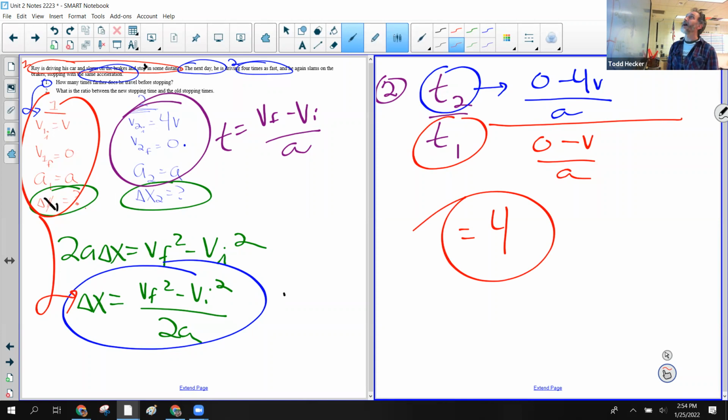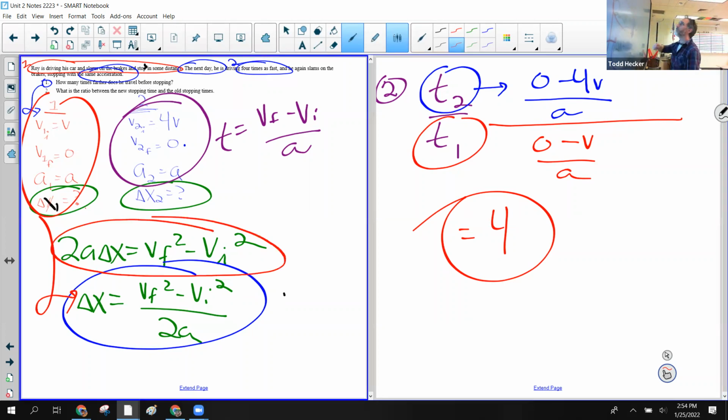Now, as you start to do more of these, and there's a bunch of them on your first couple homework assignments, hopefully you'll start to develop an intuition for it, and you'll start to see how you can just kind of go straight from this equation to the answer, or from this equation to the answer. But it takes some practice. And in my experience, students walking in the door at the start of the year in AP Physics don't all have that. So it'll take you some practice. And if you don't get there, this will always work.